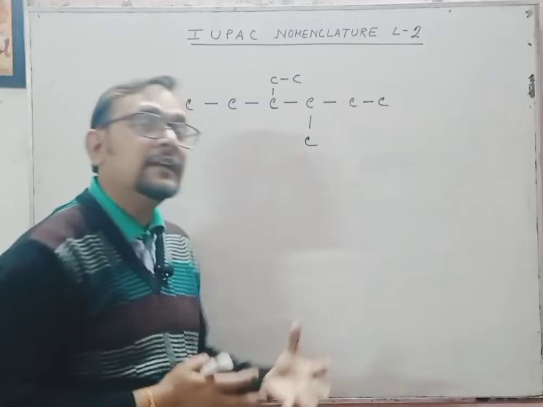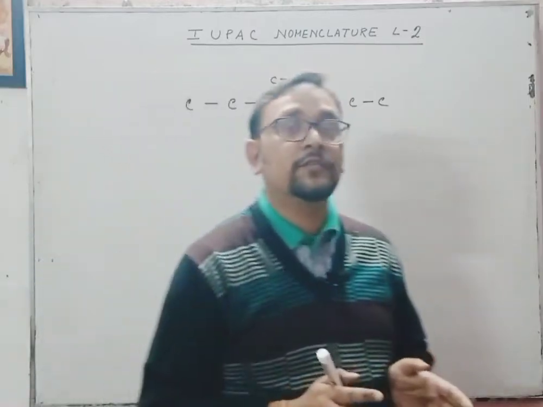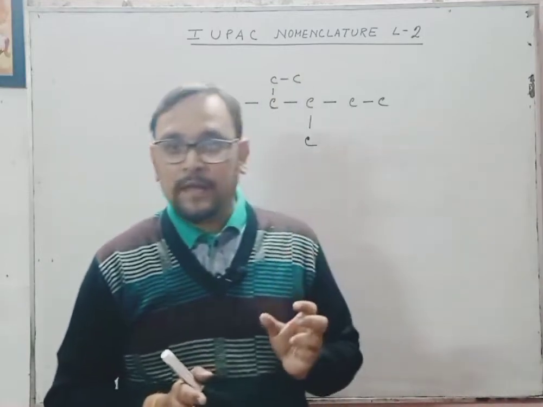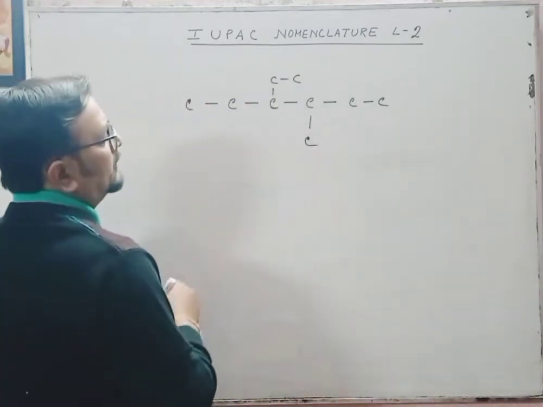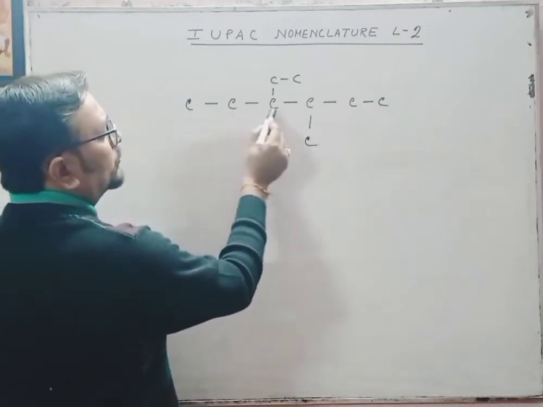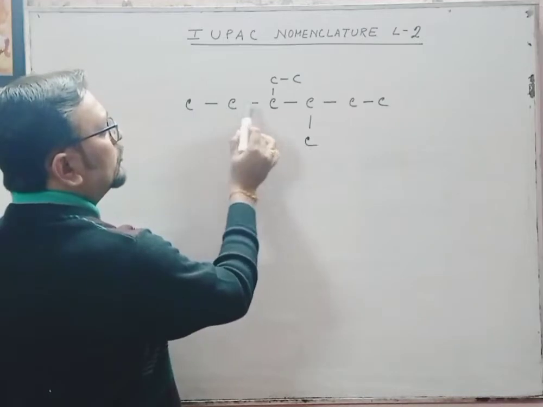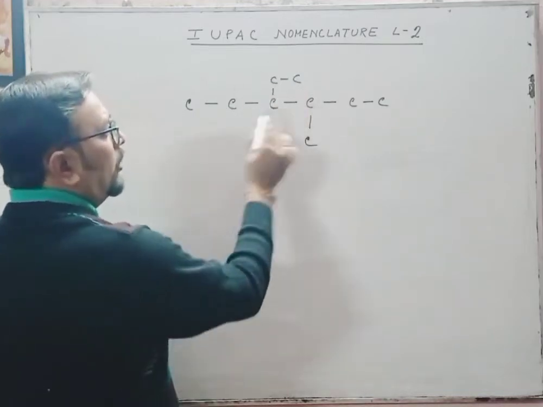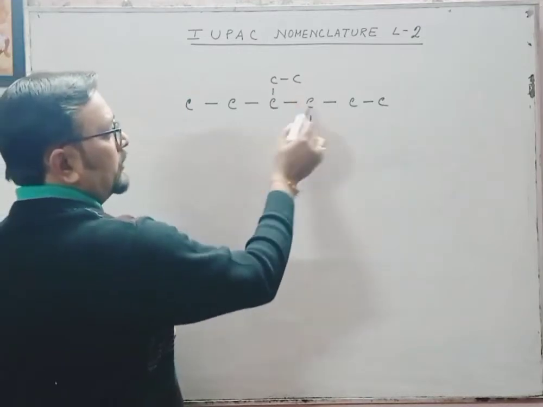So first let us select the longest chain. That is the first thing which we need to do. So how to select the longest chain? 1 2 3 4 5 6, or 1 2 3 4 5, or 1 2 3 4 5 6, or 1 2 3 4 5.